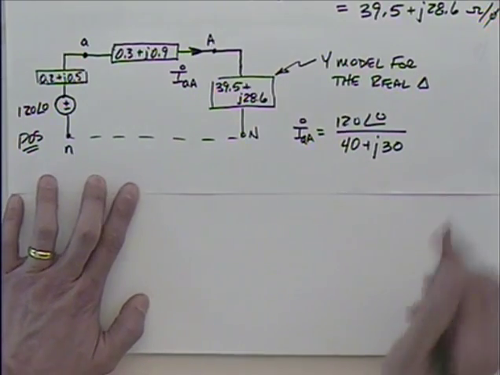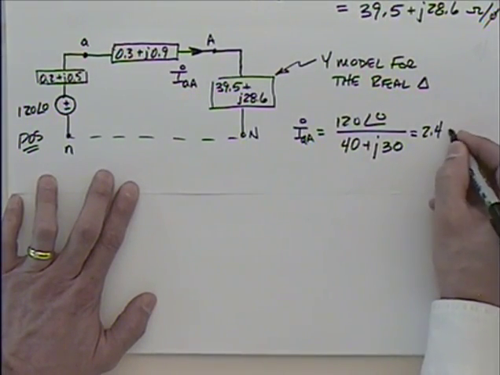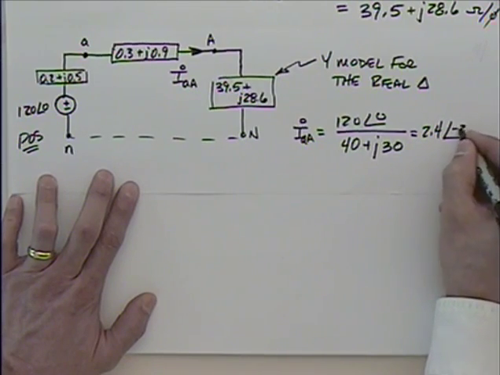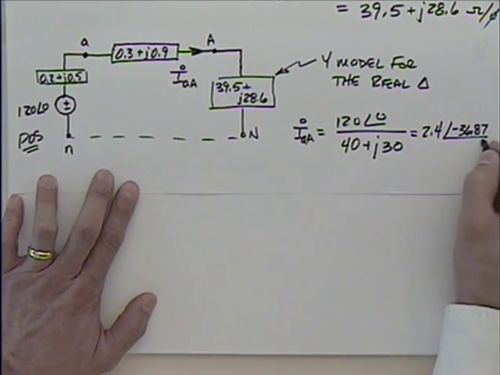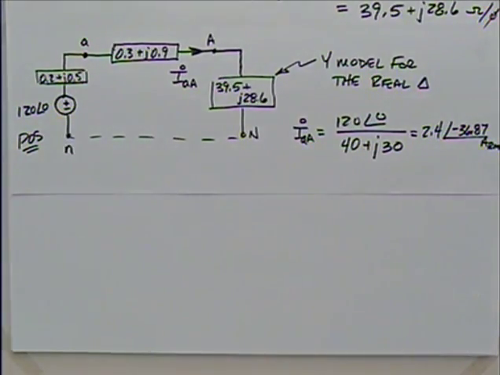Yeah. So what do I come up with? 2.4 at minus 36.87 amps RMS. Really the same thing as last time, didn't we? I mean, I just copied this out of the textbook. Keeps the numbers easy. So that's what they went with.